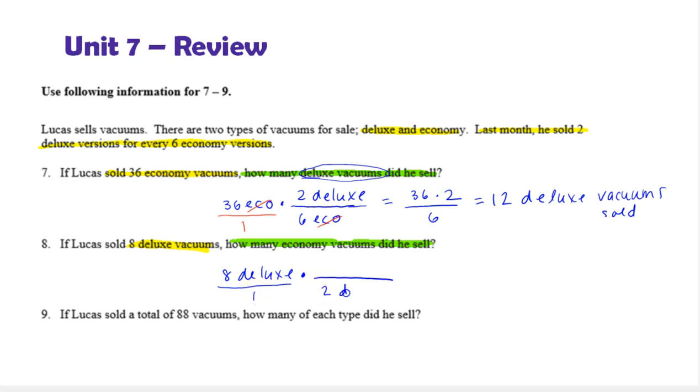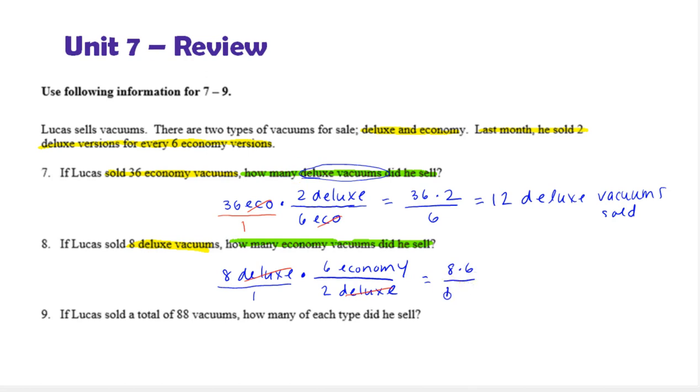So 2 deluxe, and in the numerator, the corresponding amount was 6 economy. So now notice the deluxe vacuums cancel, so we'll be left with economy vacuums. And in the numerator, we have 8 times 6.